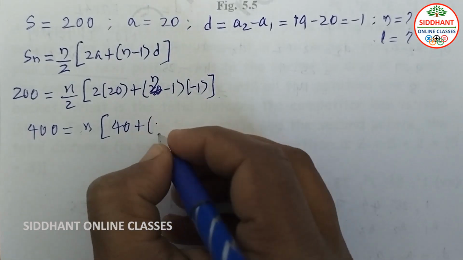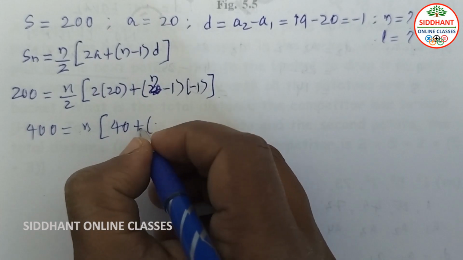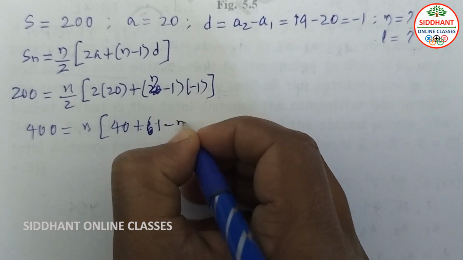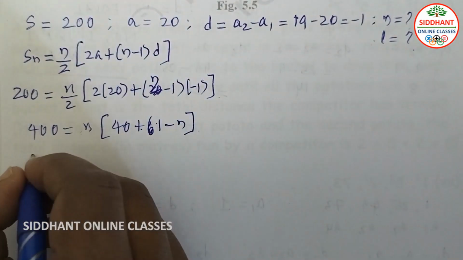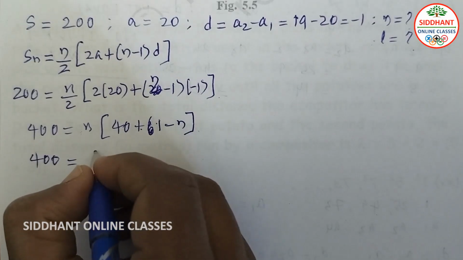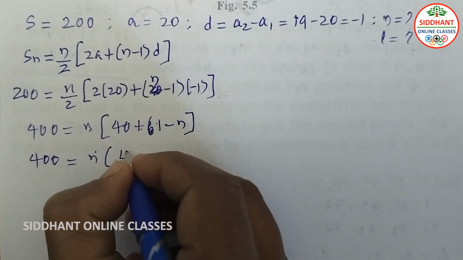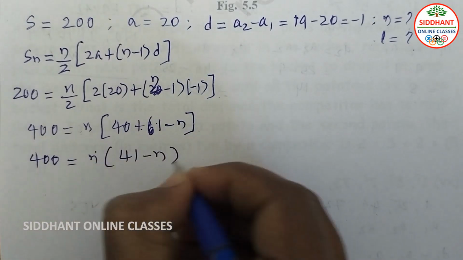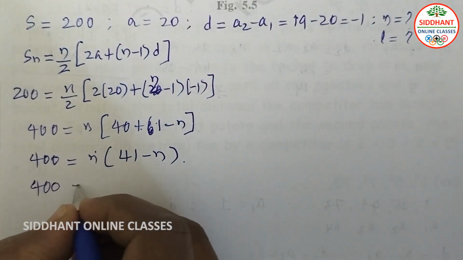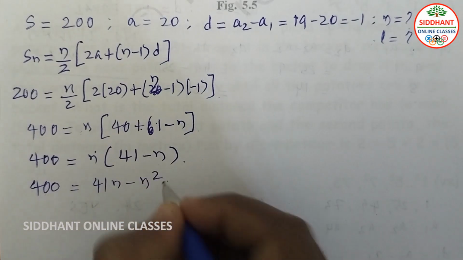So that means 40 plus 1 minus n here. So 400 equals n into (41 minus n) here. So 400 equals 41n minus n square here.